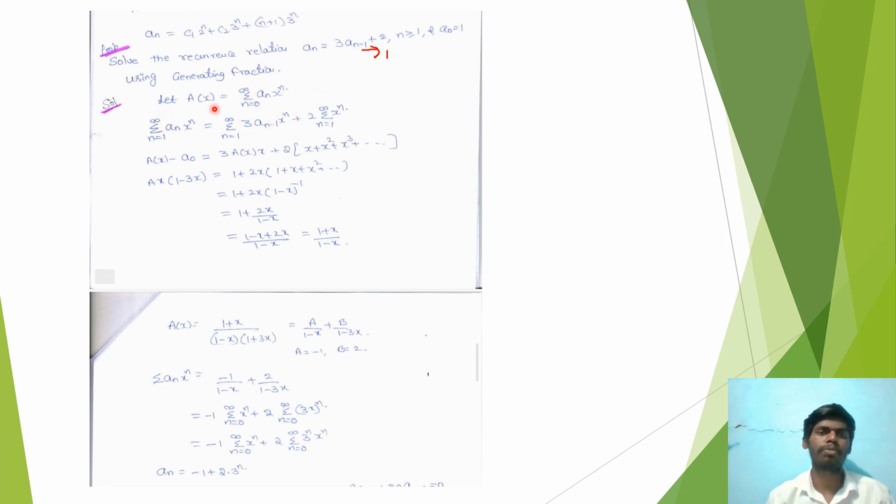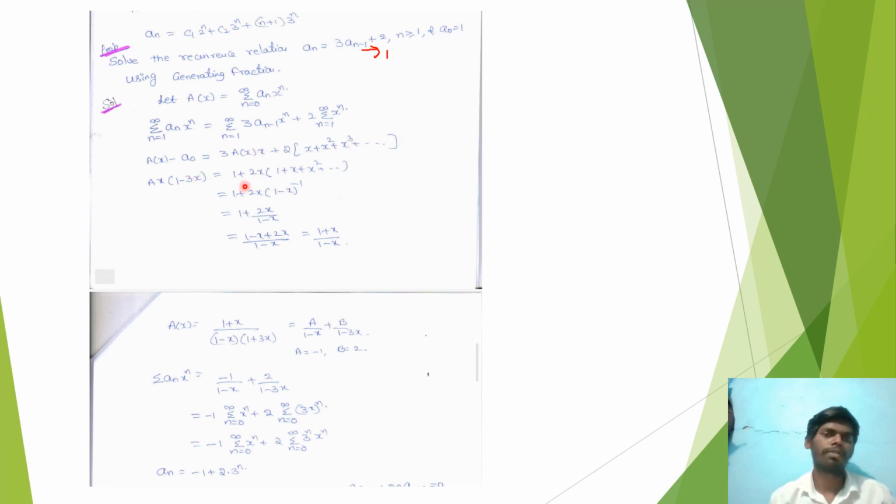Each and every term should be multiplied with each and every term of the given equation, so that we'll get this one summation and the last one summation. By solving this expansion, we'll get a naught plus A of x minus a naught, and this one as A of x into x, and the last one is 2 into x plus x squared plus so on.